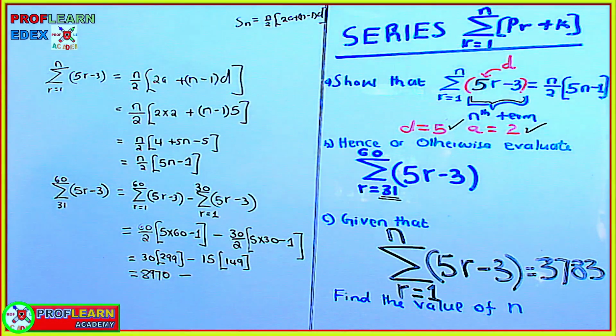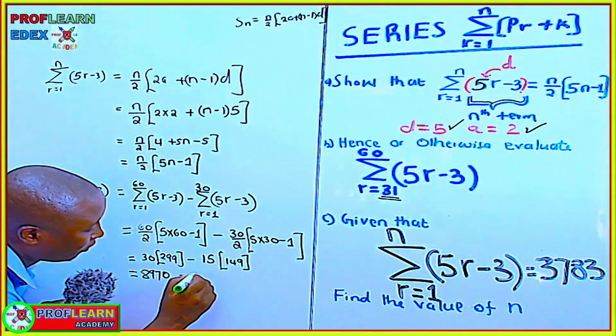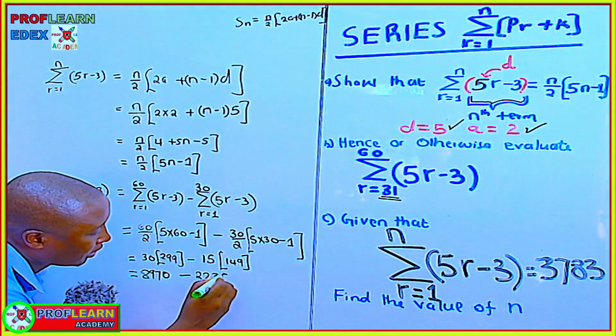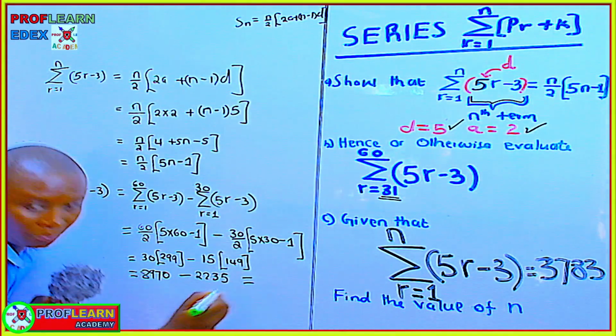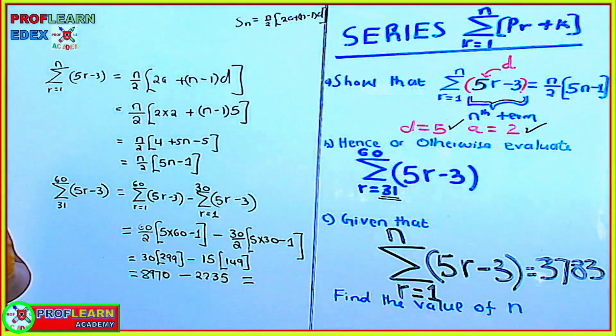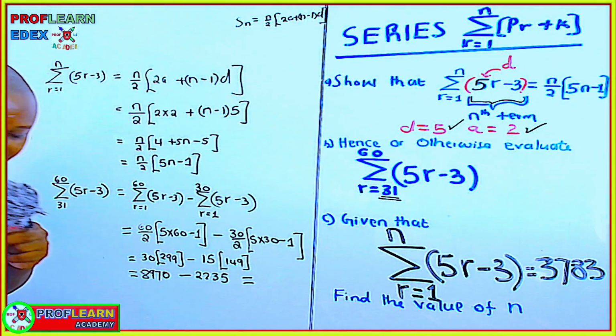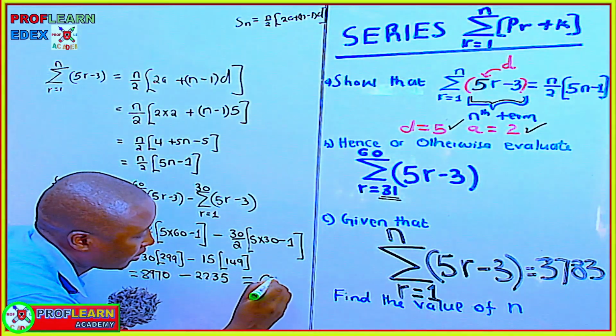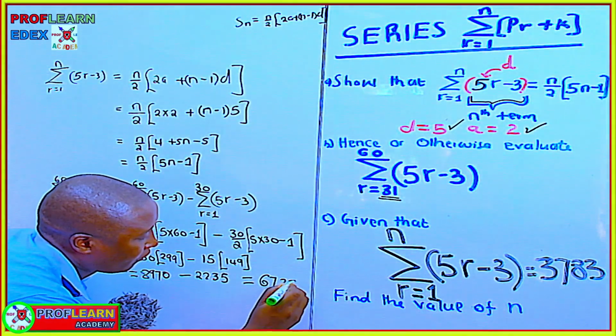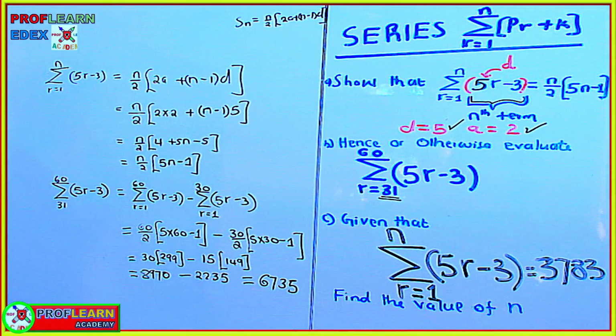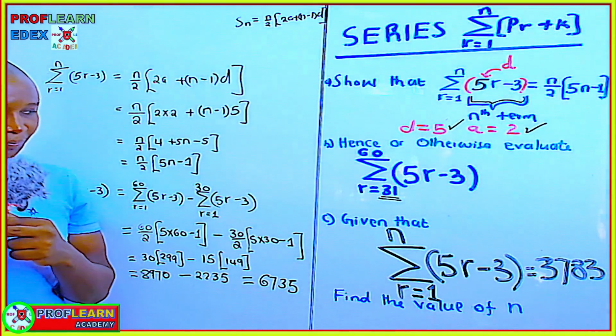Minus the next one, 15 times 149, which is 2235. When you subtract the 2235, we get our answer as 6735. 6735 is our final answer for this case.